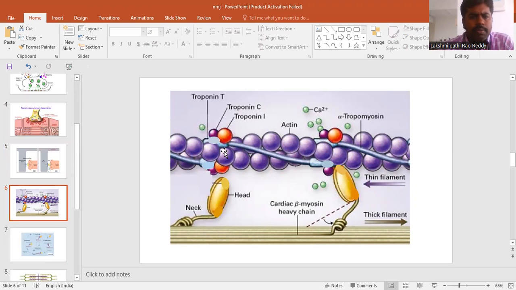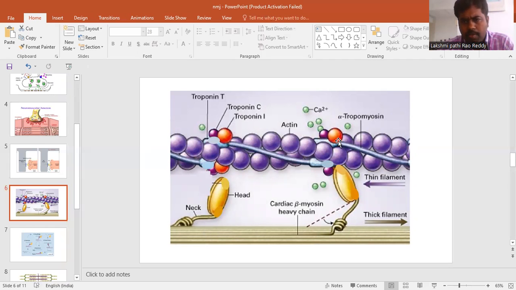There are three components of troponin: troponin T, troponin C, and troponin I. So this complete filament, the violet, purple colored filaments, these are actin filaments, and they are lined by this straight line.